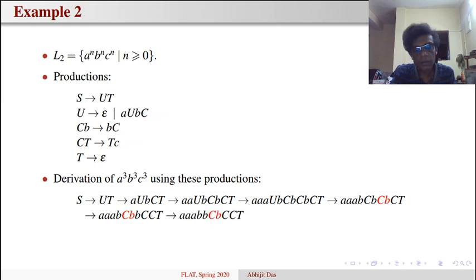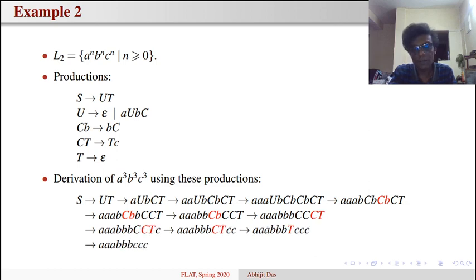This C moves past, but once again this B is in conflict with the order, so another application of that rule. Now all the b's and capital C's are lined up. Now this T will move from here, convert all these capital C's to small c's, and then eventually vanish. Good.